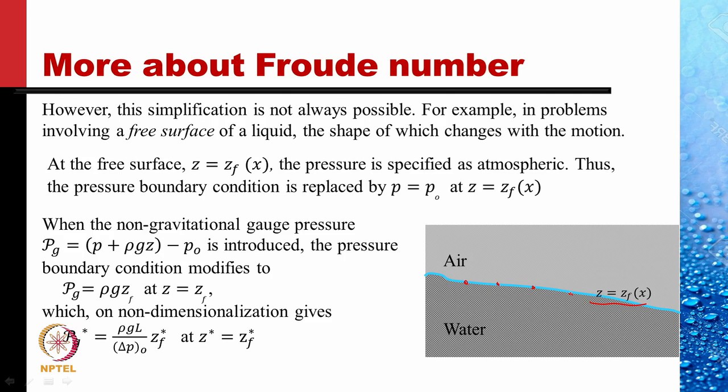If this be so, and we introduce the non-gravitational pressure difference Pg as P plus rho G z minus P naught, the pressure boundary condition now modifies to Pg is equal to rho G zf at z is equal to zf, which non-dimensionalized gives Pg star as rho G L divided by delta P naught, zf star at z star is equal to zf star.